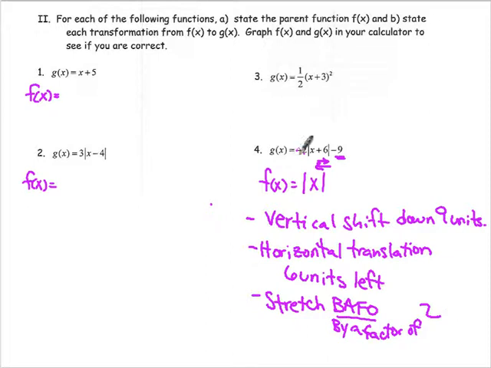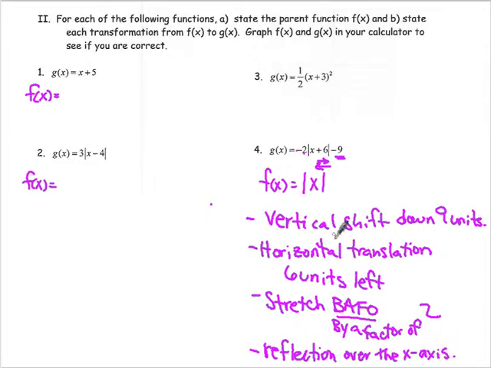And the negative is a reflection. So we need to do that as a separate thing. Reflection over which axis? If it's out in front, it's going to be over the x-axis. Good. Reflection over the x-axis. All right, so that would be that one.